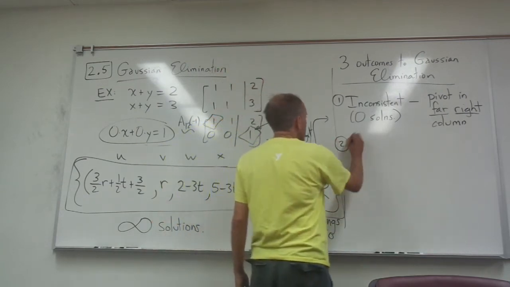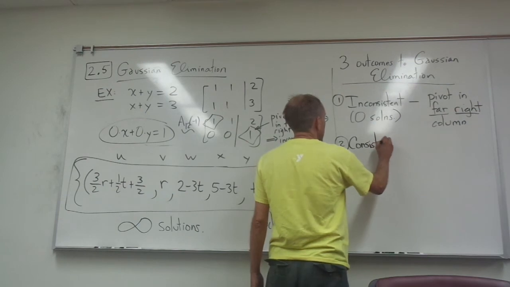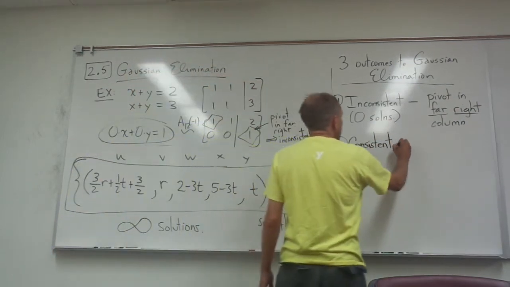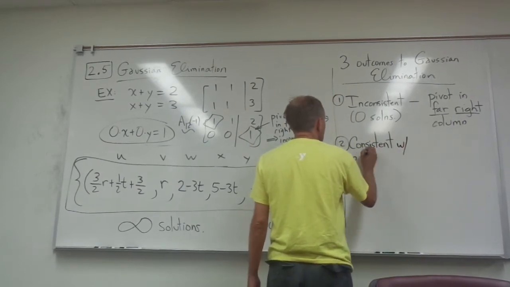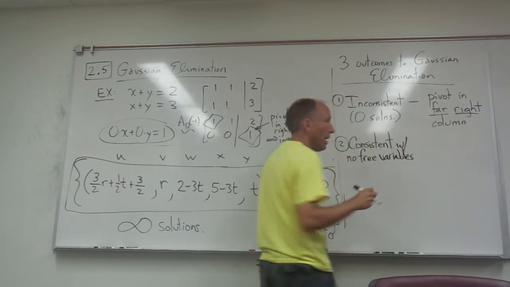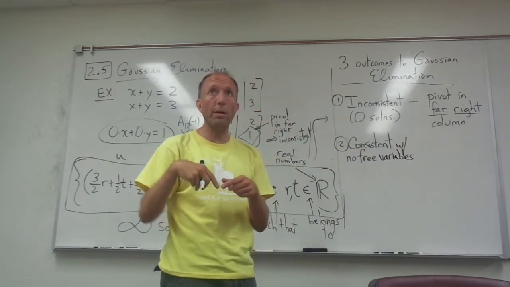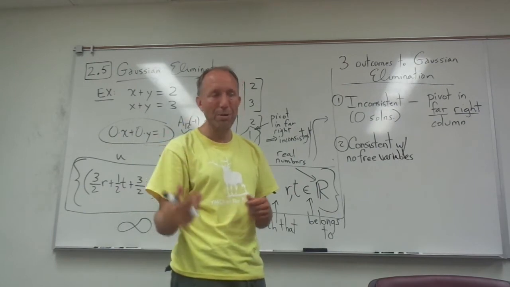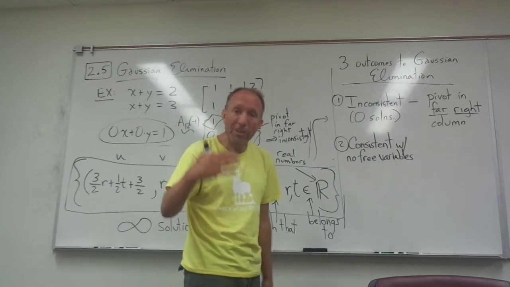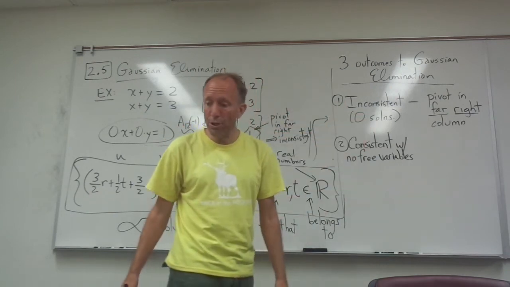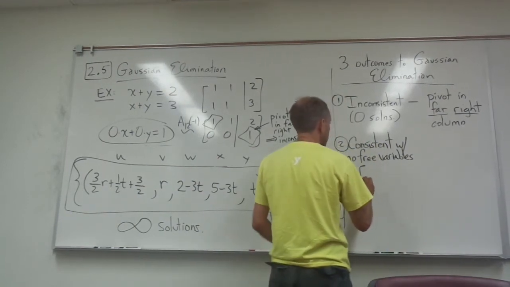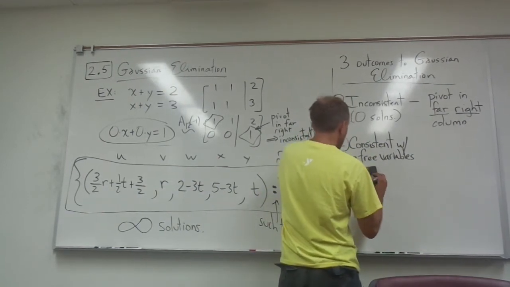Okay? A second possibility is, let's suppose that doesn't happen. Your system might be consistent, but maybe this is with no free variables. So you have no variables that you can assign a t to. In other words, when you solve by back substitution, you get specific numerical values for each and every one of your variables. So your matrix is going to look something like this.